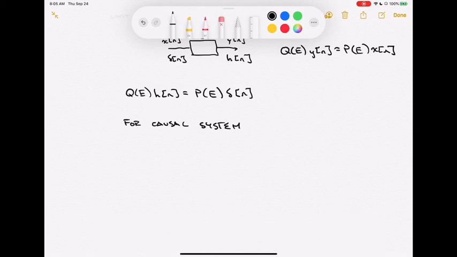That means that the initial conditions, h of minus n all the way to h of minus 1, must all be 0. Anything preceding when the input occurred, the output had to have been 0 because it's a causal system.